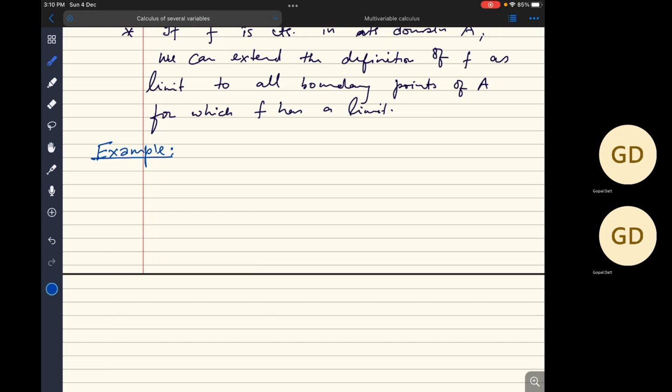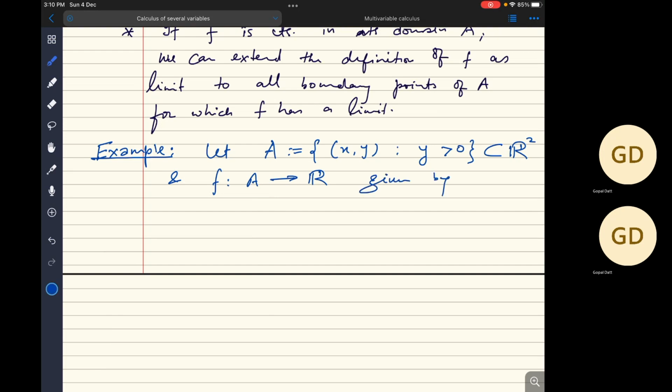Let's see an example in case of a function from R2 to R. Let us take A defined by the upper half plane in R2, and define a function f from A to R given by f(x,y) equal to e to the power minus x squared by y.